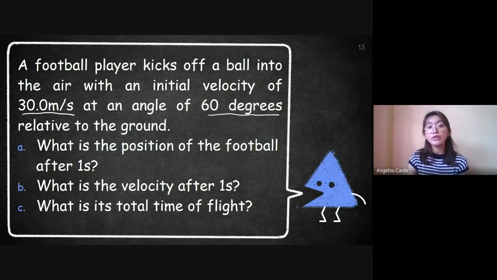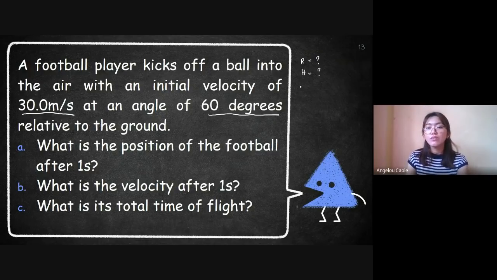We are looking for the position after 1 second, therefore positions along the horizontal, R, and along the vertical, H. For the velocity after 1 second, we are going to calculate its final velocity, but before that, we first have to calculate the individual components.